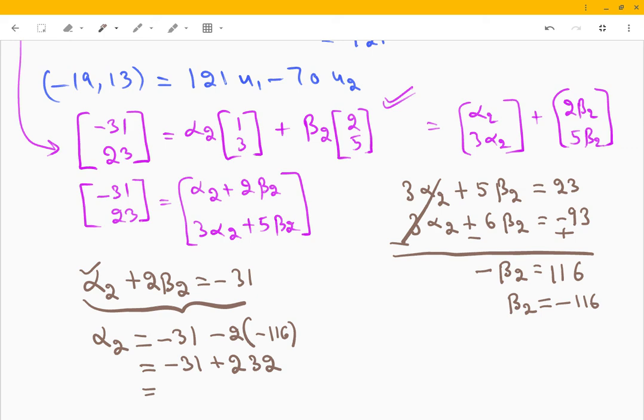Minus 31 is 201. Positive 201. Okay, right. So what now? Now I evaluated these alpha 2 and beta 2.